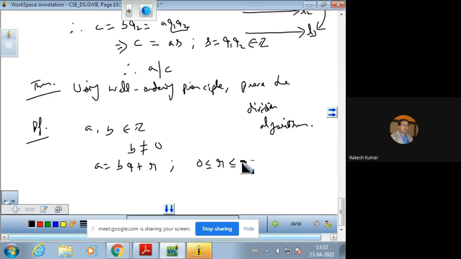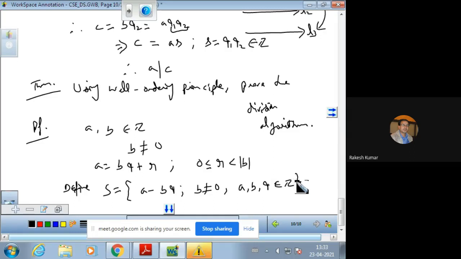R is the remainder, and 0 is less than or equal to R, which is less than the absolute value of the divisor B. Now define a set S in which we have elements A minus BQ, where B is not equal to 0, and A, B, Q are integers. This is the set we have defined.